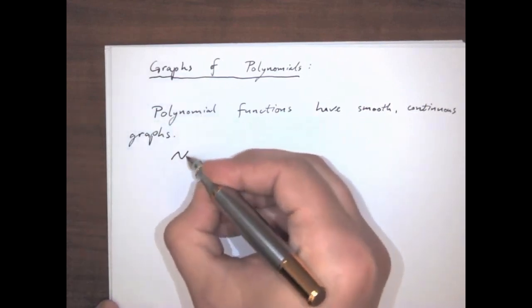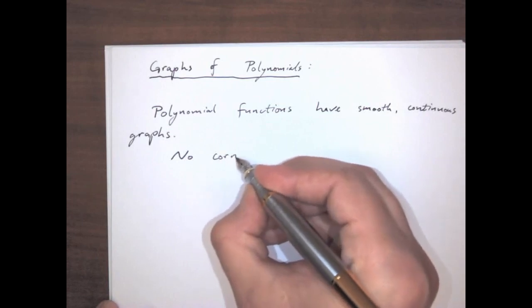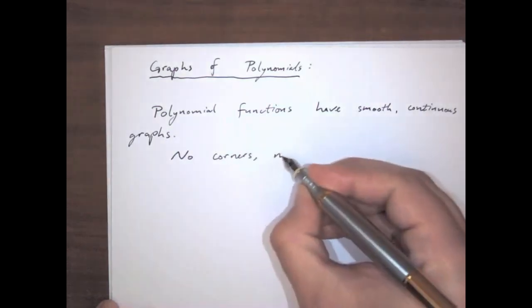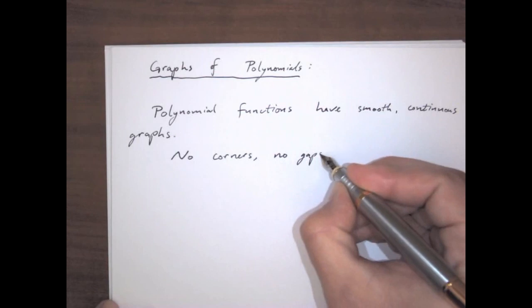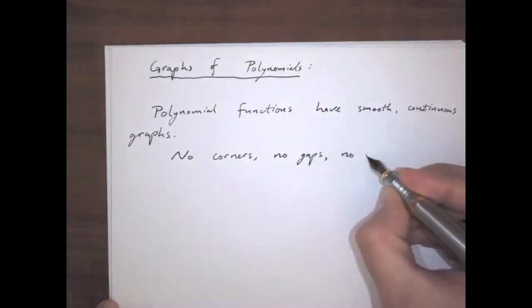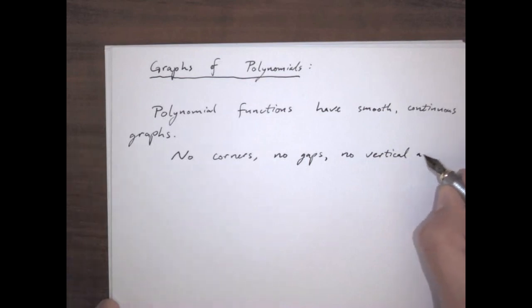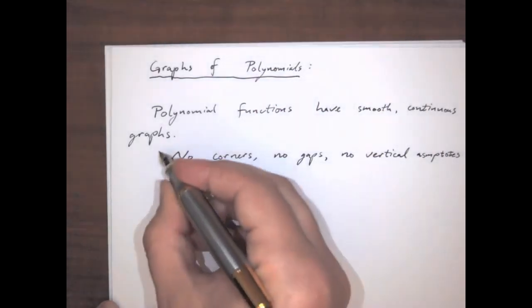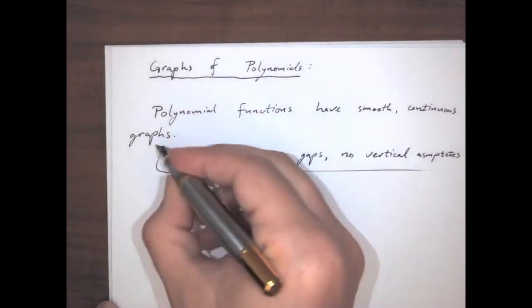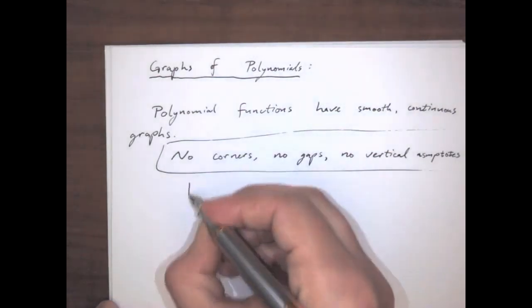So they have no corners, no gaps, no vertical asymptotes, they just look like this.